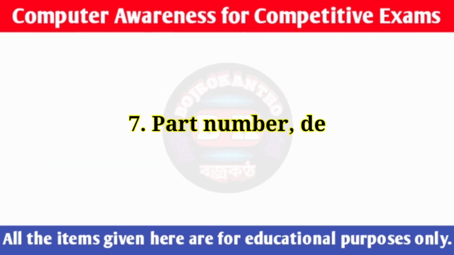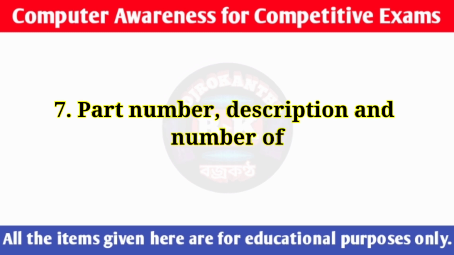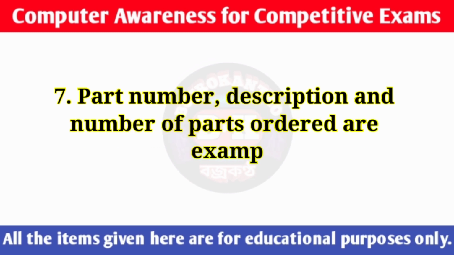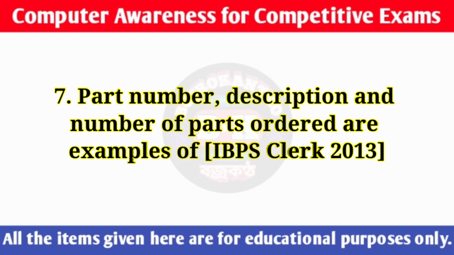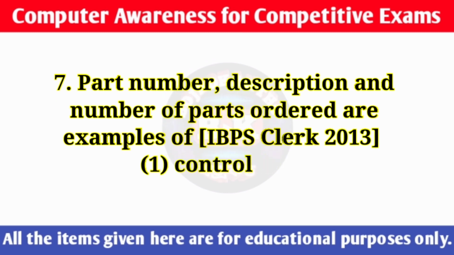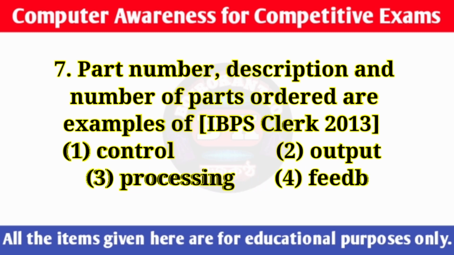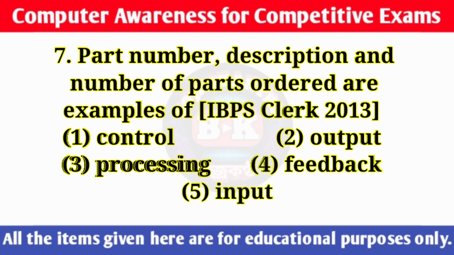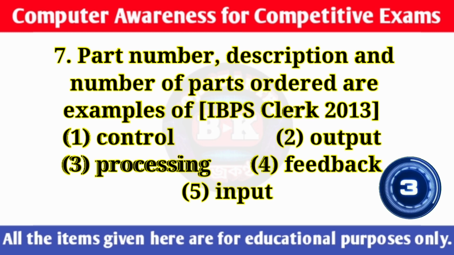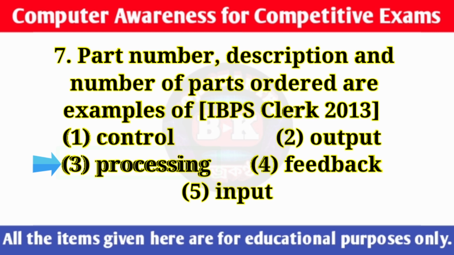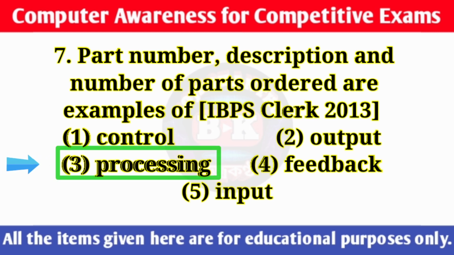Question number 7. Part number, description and number of parts ordered are examples of. Option number 1 control, option number 2 output, option number 3 processing, option number 4 feedback and option number 5 input. The correct answer is option number 3 processing.